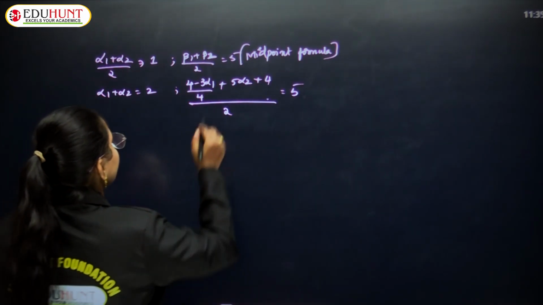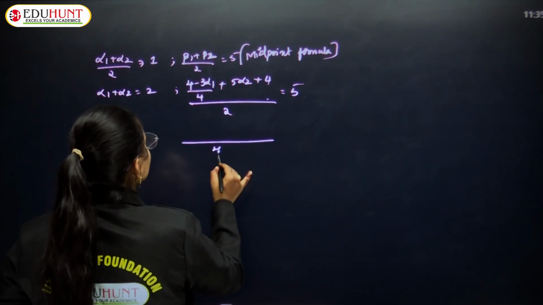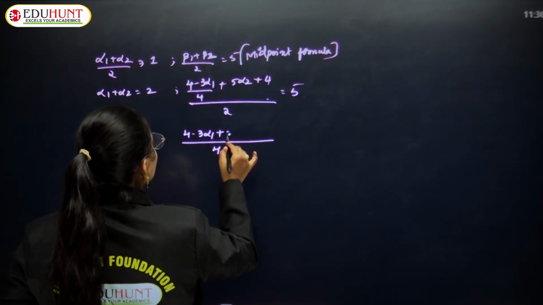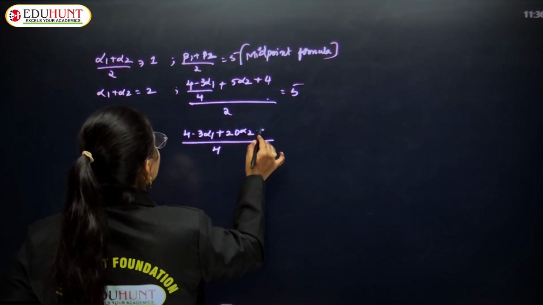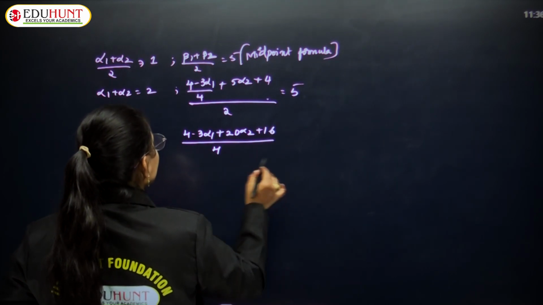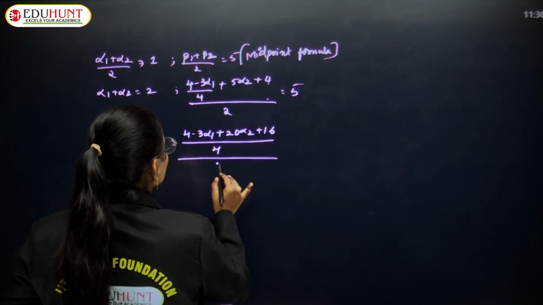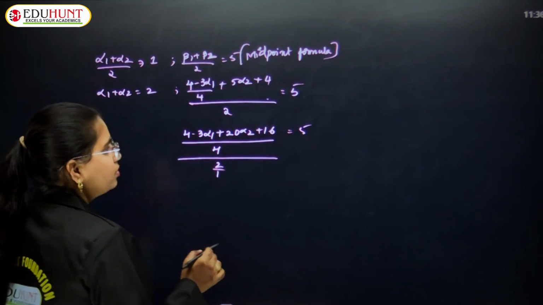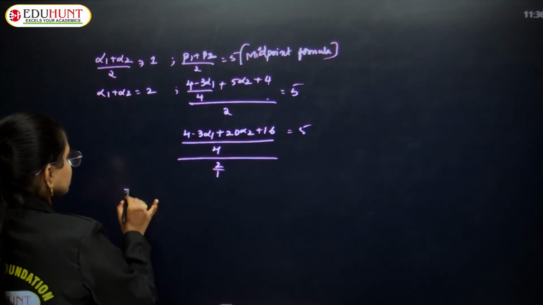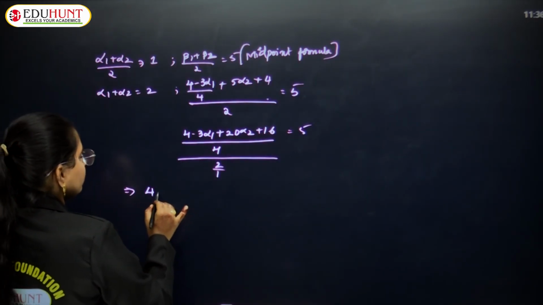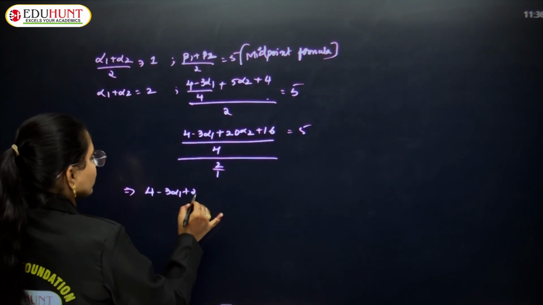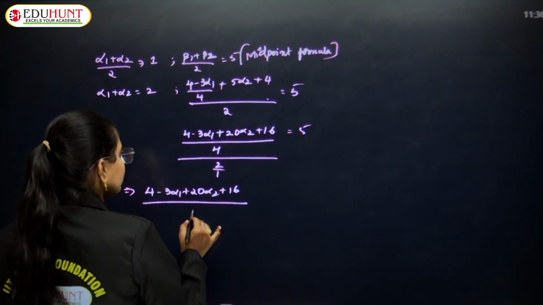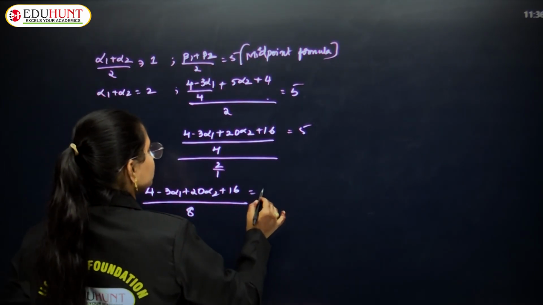I have simplified the values of beta 1 and beta 2 and put them in the given above equation. Let us take LCM. The LCM is 4. 4 minus 3 alpha 1, which becomes 20 alpha 2 plus 16, whole divided by 2, which becomes 1 by 2. Okay, we'll write in the next step. So from this, what are we going to get? 4 minus 3 alpha 1 plus 20 alpha 2 plus 16 divided by 8 is equal to 5.